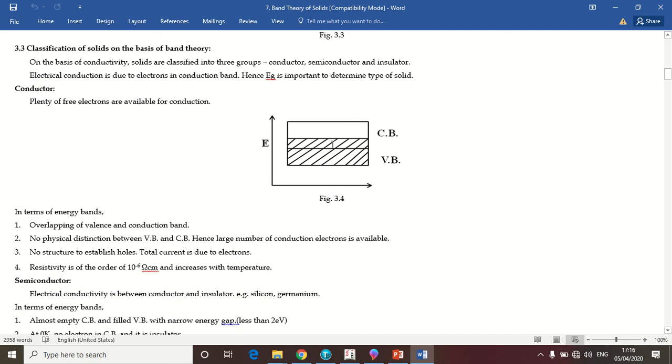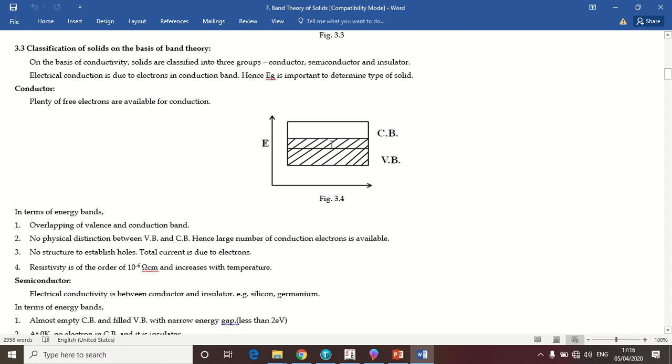Plus there is no structure for holes in the conductors. The total current is due to electrons in conduction band. And resistivity is very small. It is of the order of 10 raised to minus 6 ohm centimeter, and the resistivity increases with increase in temperature.